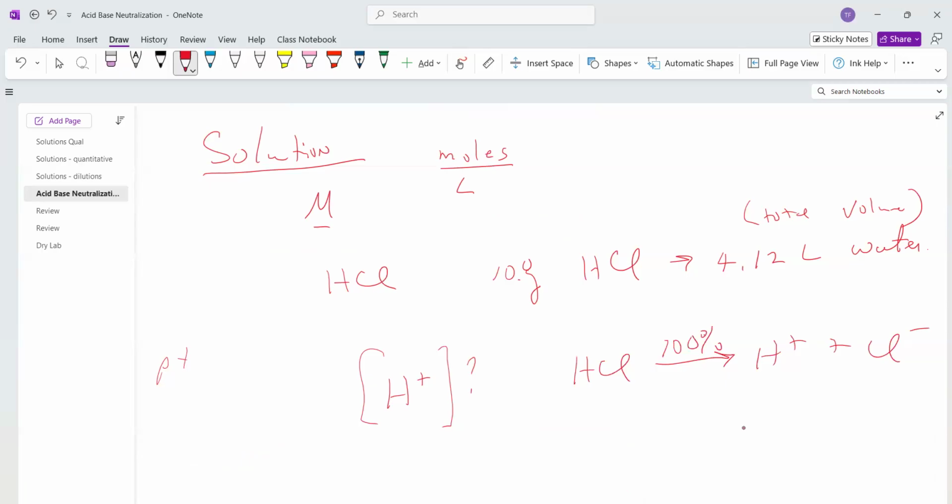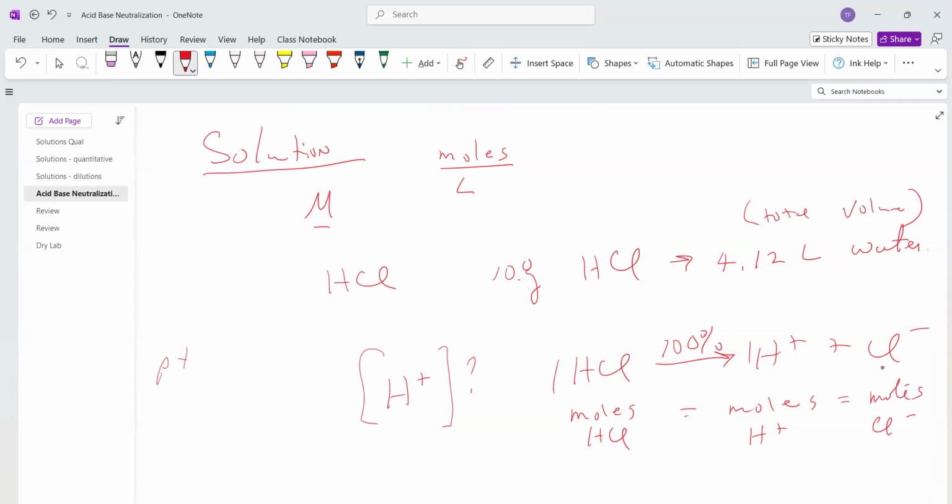So if we know the moles of HCl we put in, that's equal to the moles of H, because the stoichiometric ratio is 1:1. And that's also equal to the moles of chloride.